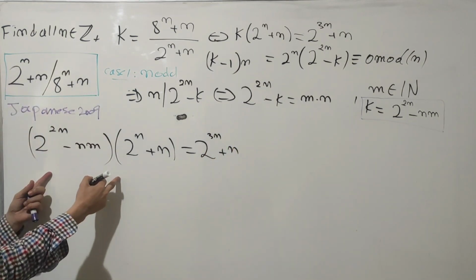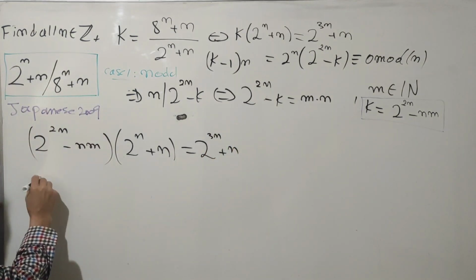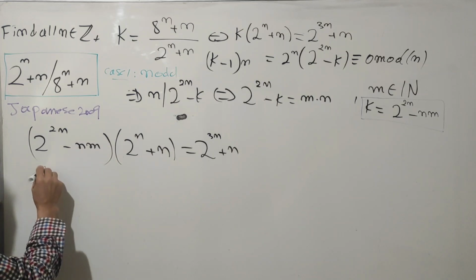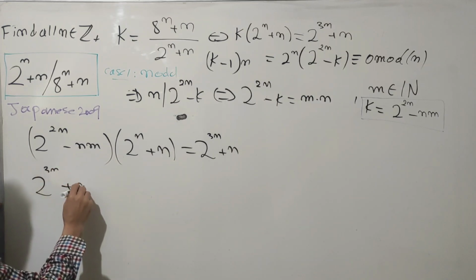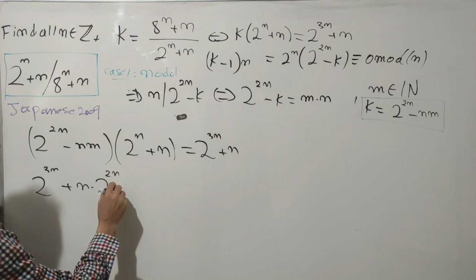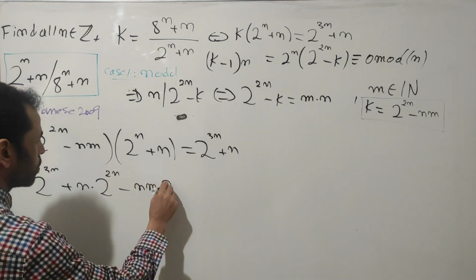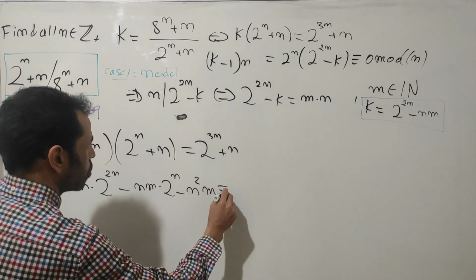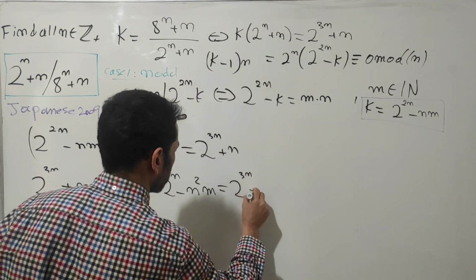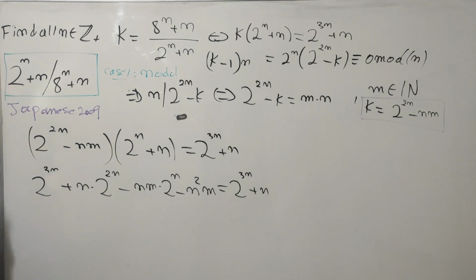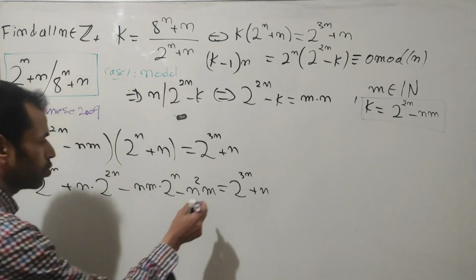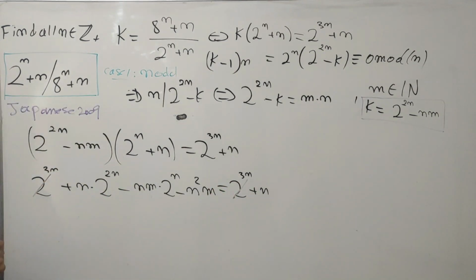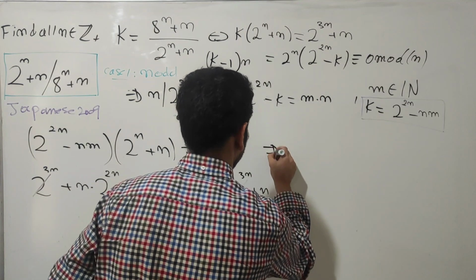I'm going to distribute this out. I get 2 to the 3n plus n multiplied by 2 to the 2n minus nm multiplied by 2 to the n minus n square multiplied by m, which equals 2 to the 3n plus n. So I will have a lot of cancellation here. This one is going to be cancelled out with this one. Then dividing both sides by n, I will extract a nice formula.